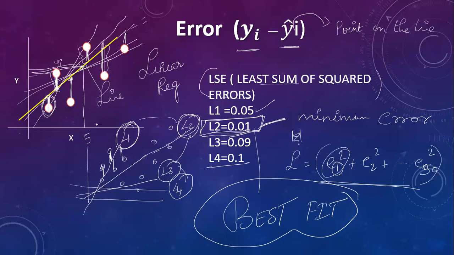And in the future also, if I get a value like 5.5 here, I'll not take this value. Instead, I'll take the value on the line. The point on the line will be taken for my prediction. Okay, this y value will be taken. Suppose this is 10, this will be taken instead of 15. So you will be deciding the value, that is the point on the line. So this is all about the concept.